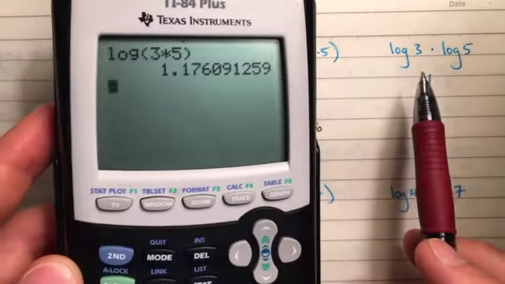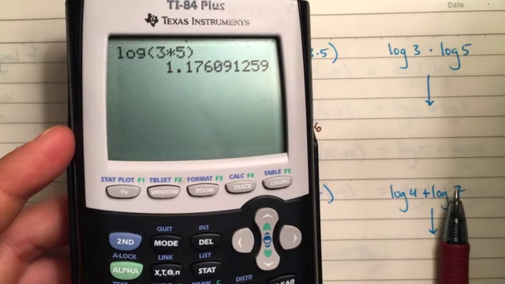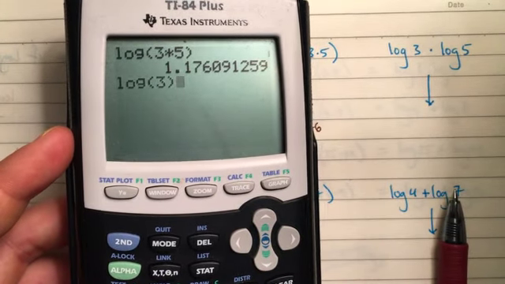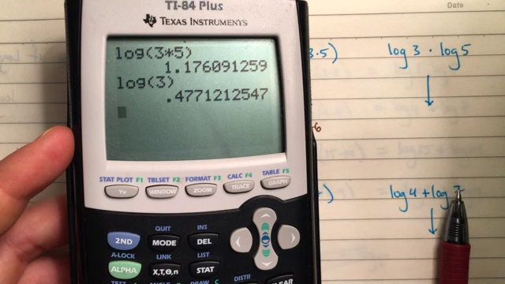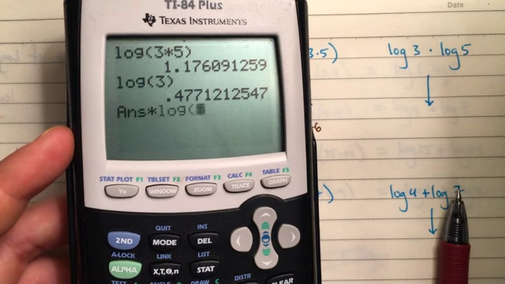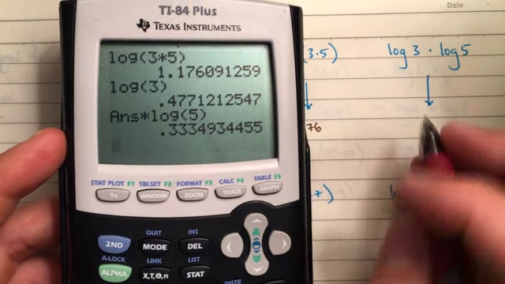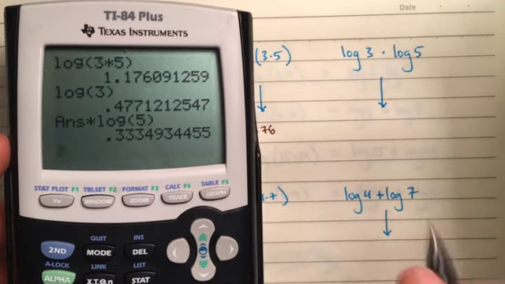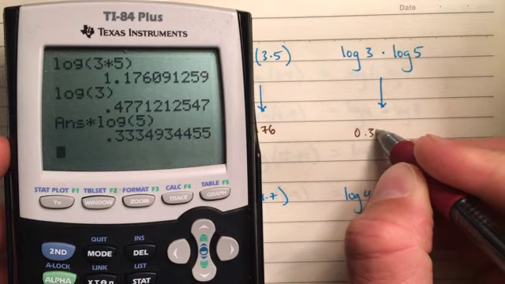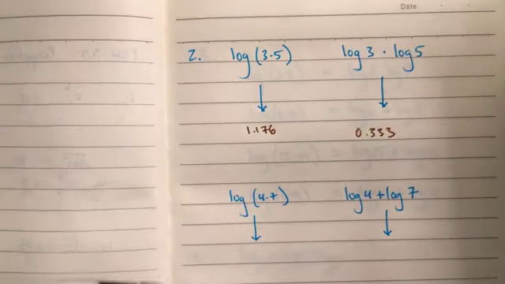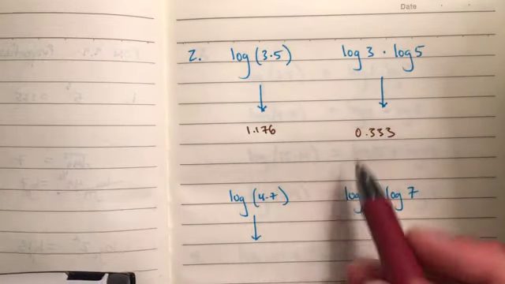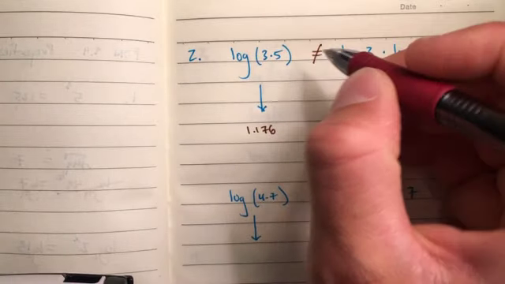If I do log of 3 and then log of 5, so log of 3 is that, then I'm going to multiply that by log of 5, I get 0.333. Okay, so clearly these two things are not equal.